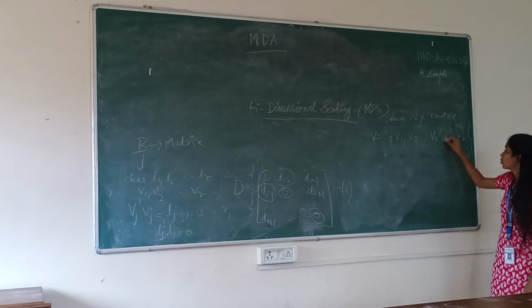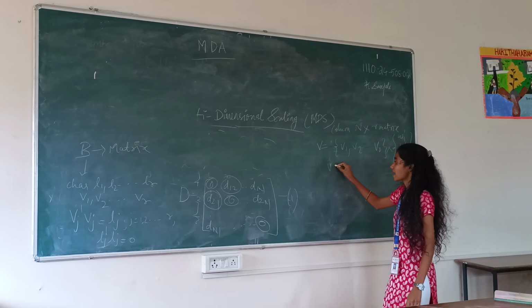If we multiply these, we get the B matrix.